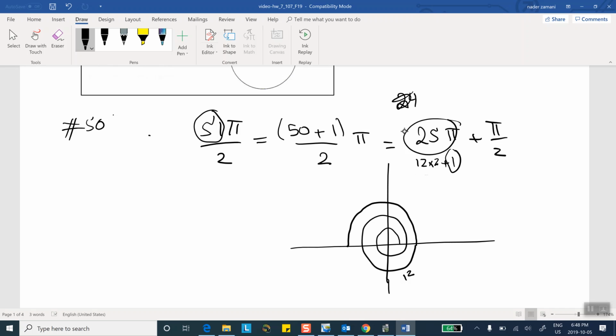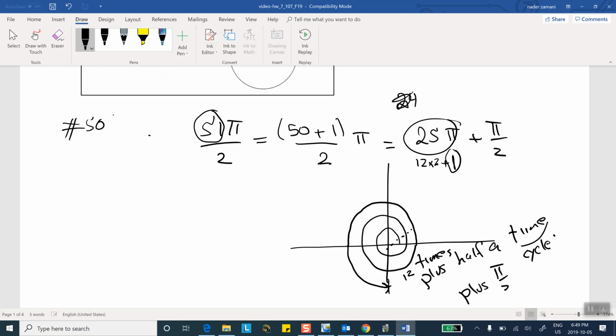So 25 pi means go around the circle 12 full times plus half of a cycle, and then keep going for pi over 2 right there.